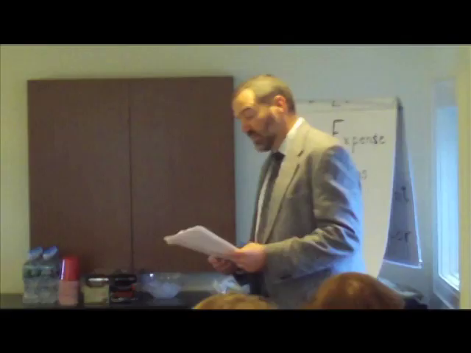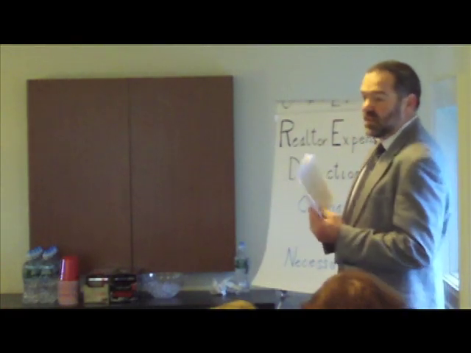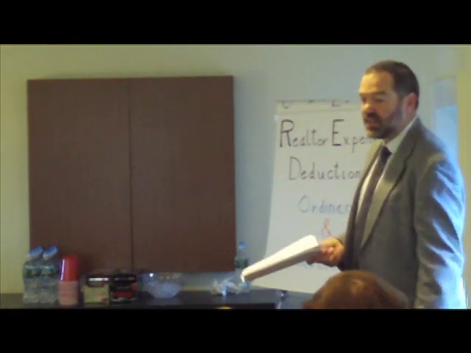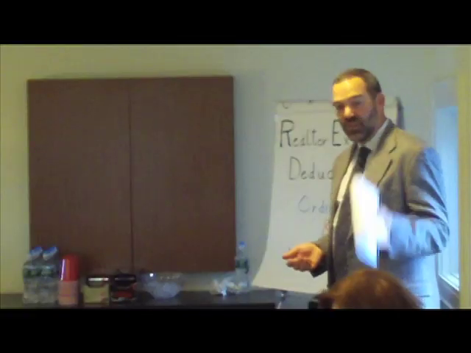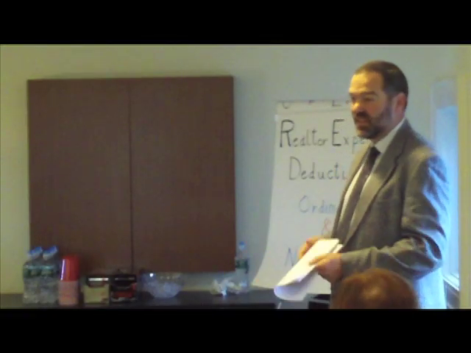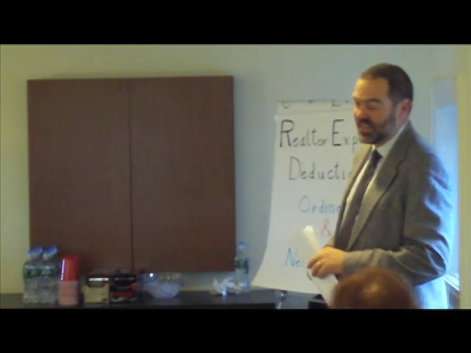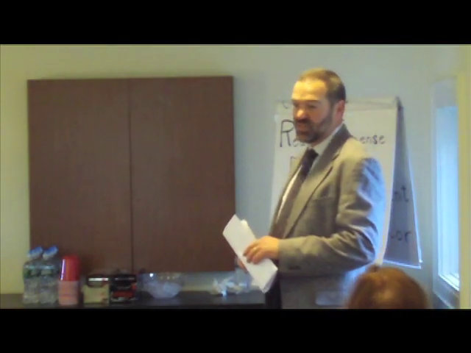Just some of the tax deductions that I'd like to highlight. A lot of you do a lot of traveling. The mileage from home to the office as a business deduction? Can't. That's commuting cost.